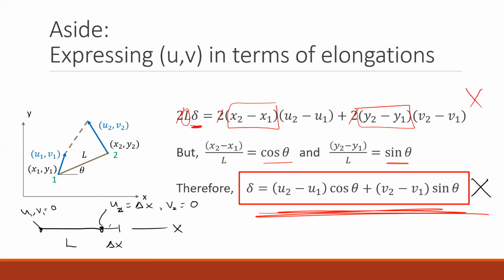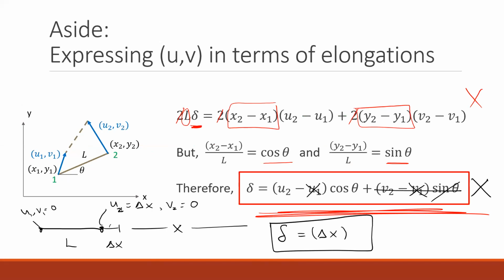So my left hand end isn't moving, my right hand end is moving to the right by some delta x. That means that my u1 and v1 are 0. Theta is measured from the x-axis, so in this case theta would be 0, which means sine of 0 is 0, so that whole term goes away. What I'm left with is that the elongation is equal to u2, which is delta x, times cosine theta, which is 1. So my entire elongation is just that delta x that I told you it moved.